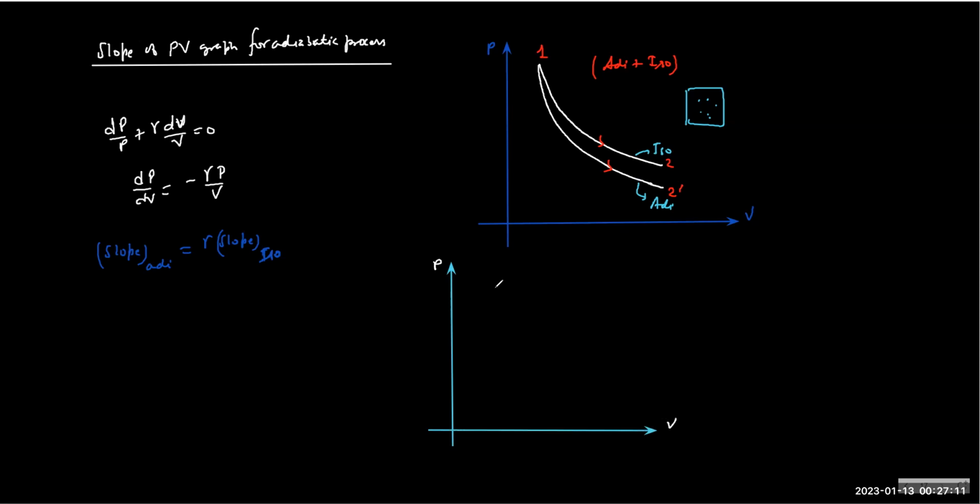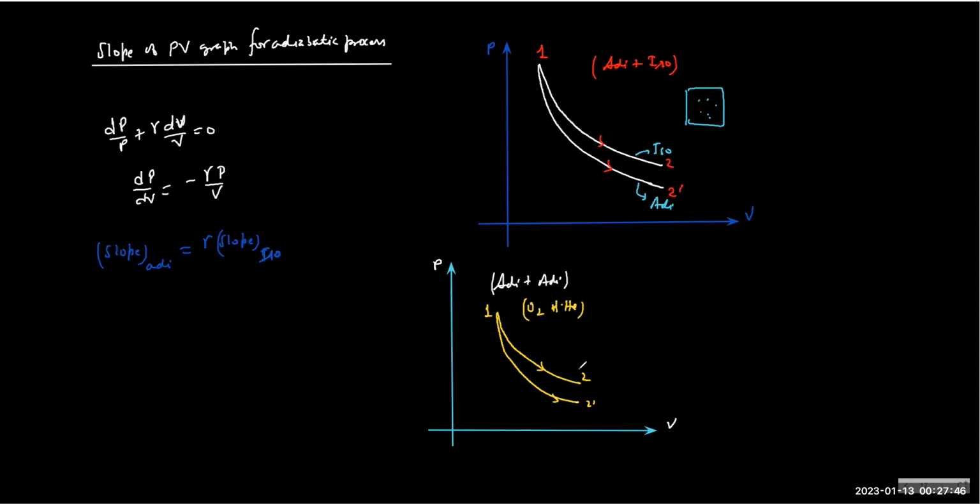So we are going to compare ADIA versus ADIA. When you try to compare ADIA versus ADIA, you have to check the gamma value, right? So both are adiabatic. Let's say we have oxygen and helium.